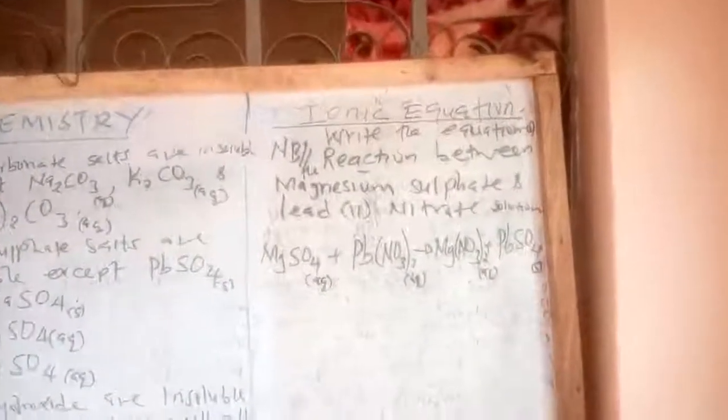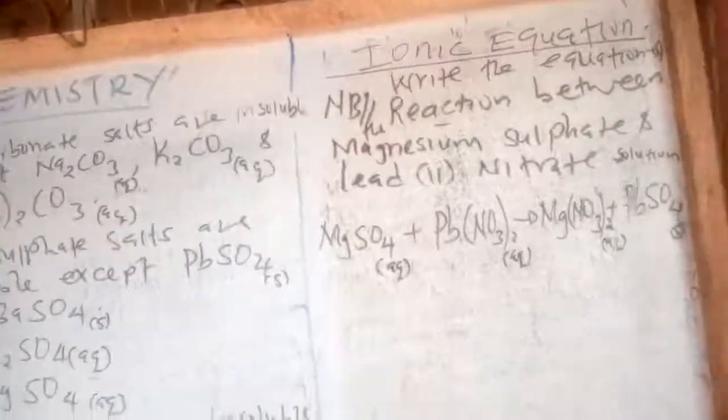That is the stoichiometric equation. Having written that, you are supposed to separate the ions of whichever species is aqueous, meaning that in aqueous solution the ions dissociate or separate.